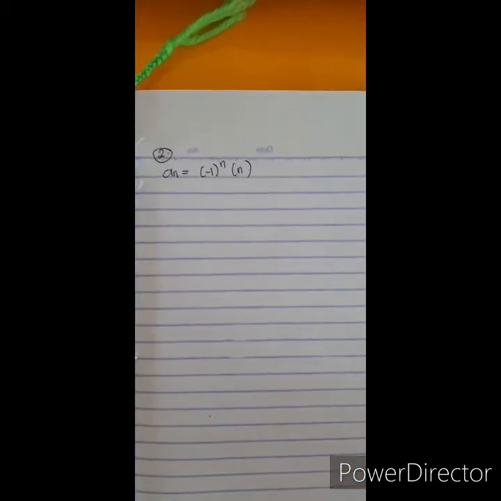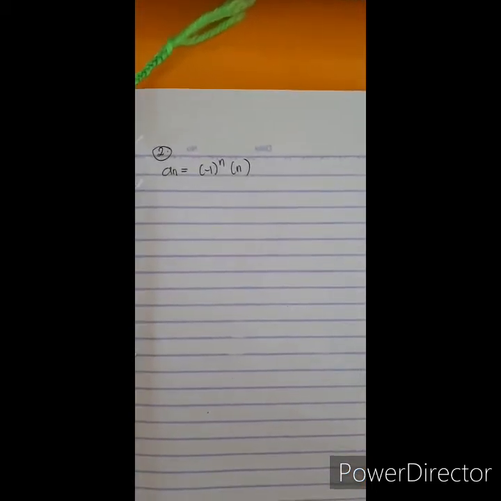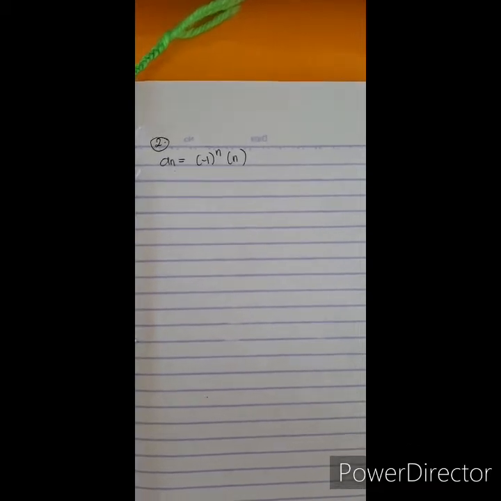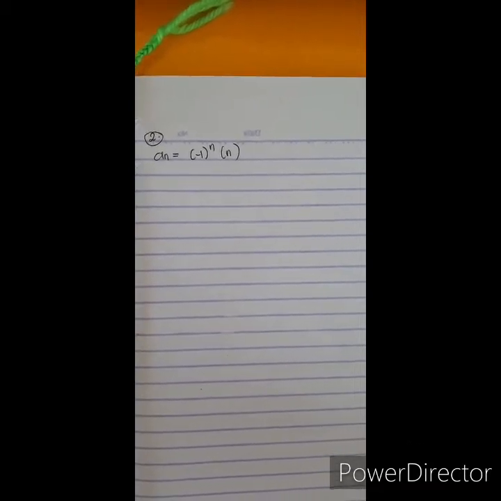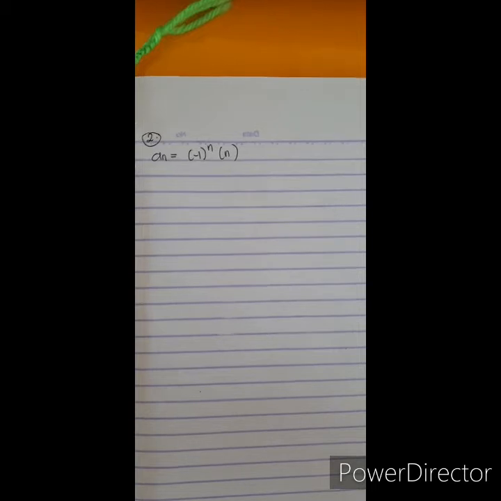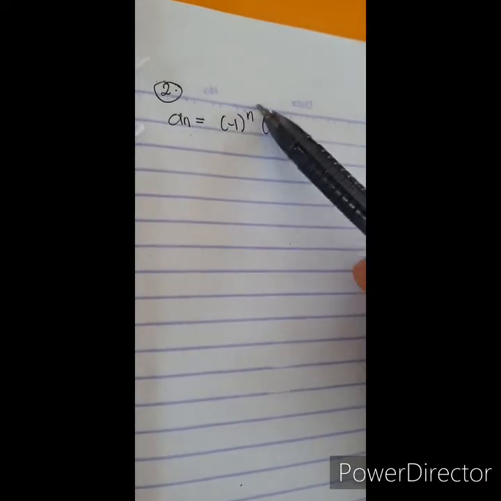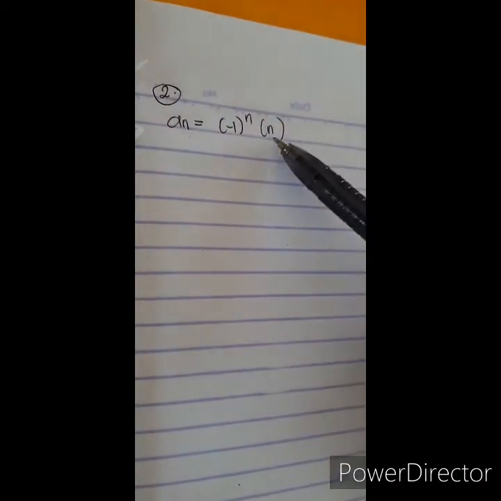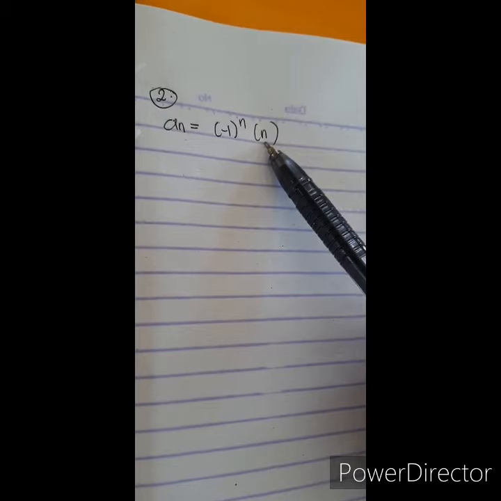What if we have this problem? How are you going to find the first 5 terms of the sequence? Okay, so we will solve this together. So we have a sub n that is equal to negative 1 raised to n times n. Take note, the other n here serves as the exponent, and the other one is a base.